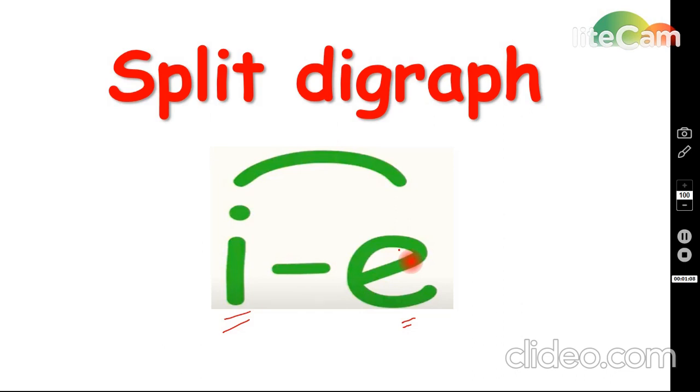So, when they come together and there is a letter in between them, we read them together as I, and the letter E is silent.